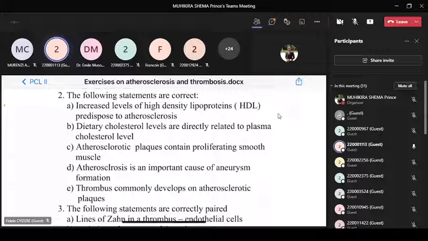Number B, the question says the arterial cholesterol levels are directly related to plasma cholesterol level, which I think is true. The arterial cholesterol levels are directly related to plasma cholesterol level.